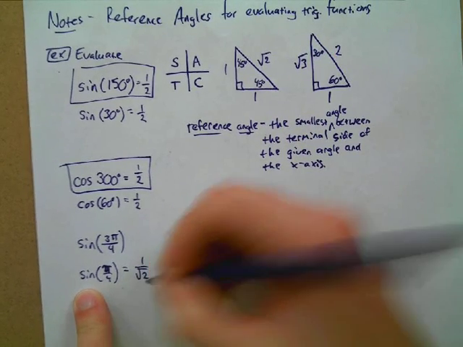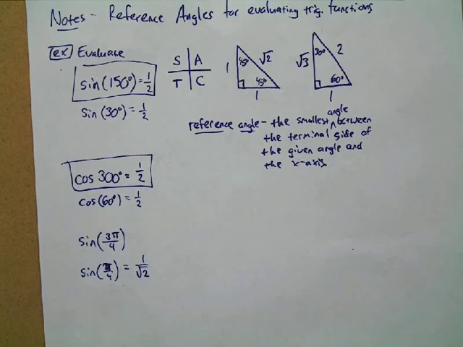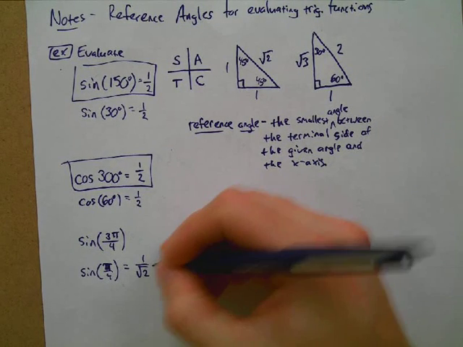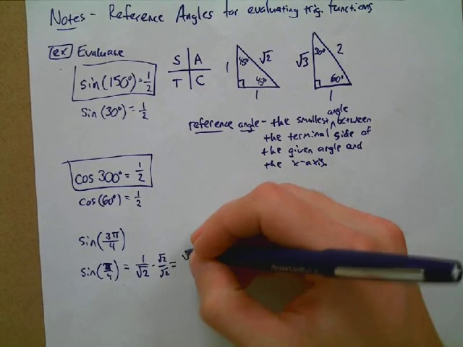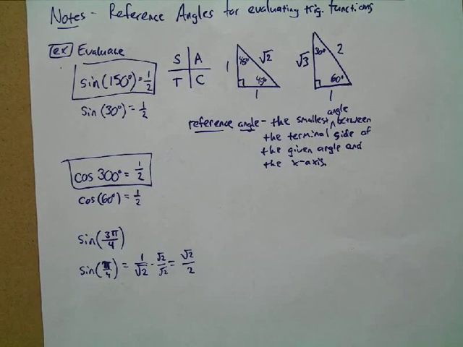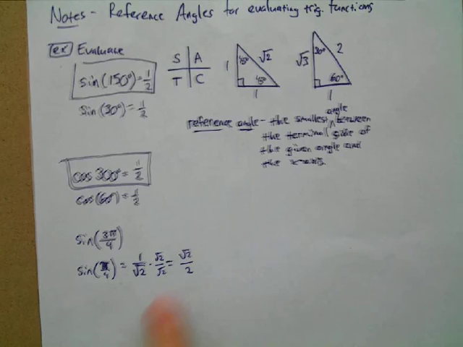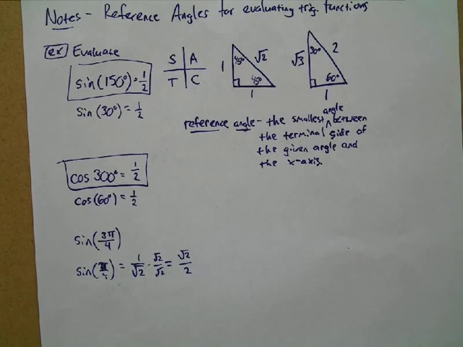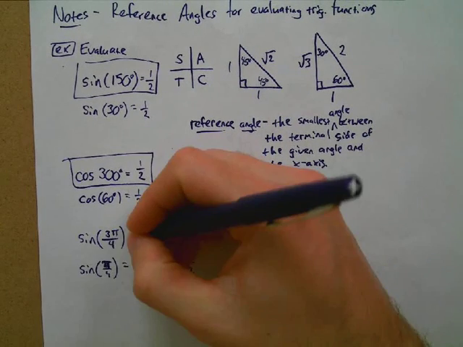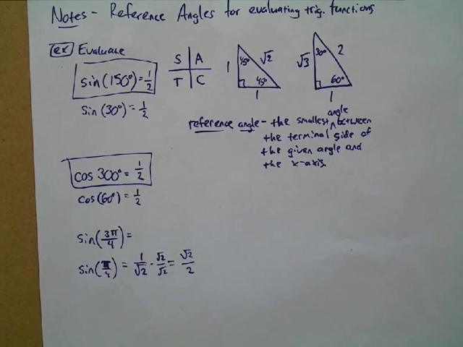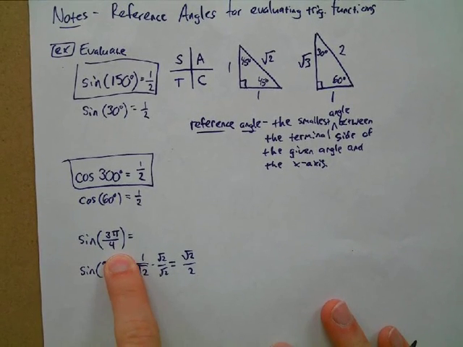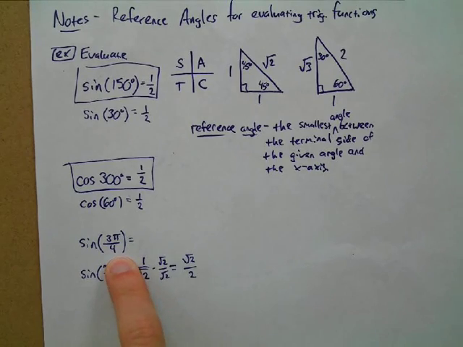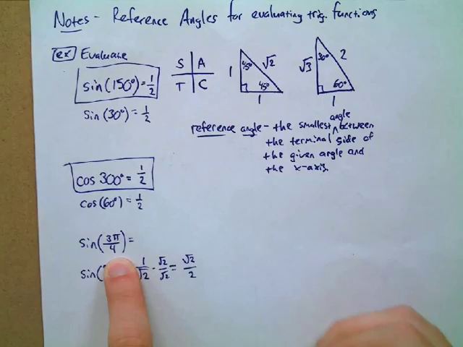So 1 over root 2 is the same thing as root 2 over 2. Last thing: what quadrant are we in for 3 pi over 4? Quadrant 2. Sine is positive in quadrant 2, so our ratio stays positive: root 2 over 2, or 1 over root 2 if you want to leave it that way.